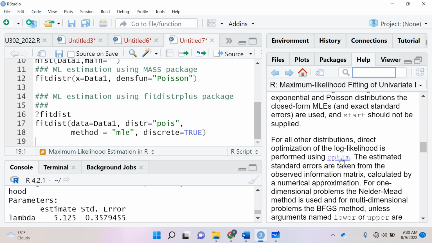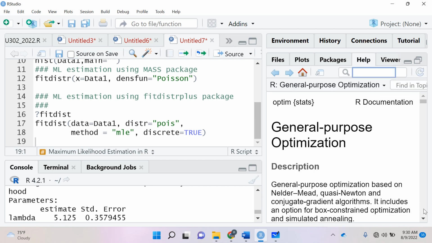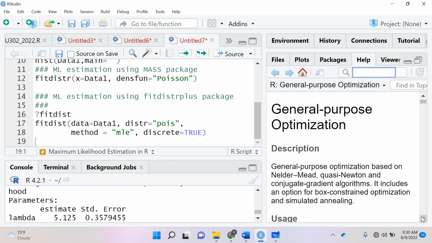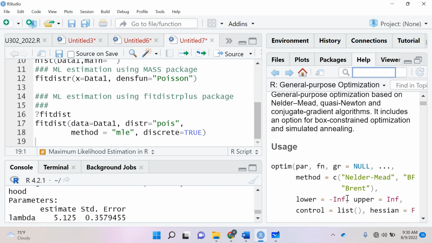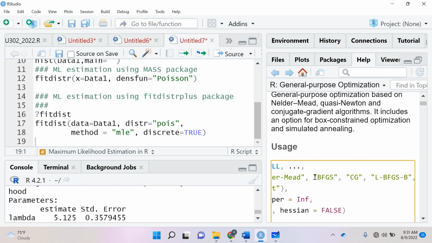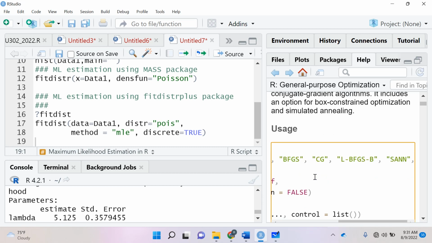In other words, when we state our likelihood, we should be able to do that. So that's the general purpose optimization. The method by default is usually Nelder-Mead, but there are others you can look out for, like BFGS, CG, simulated annealing, and so forth.